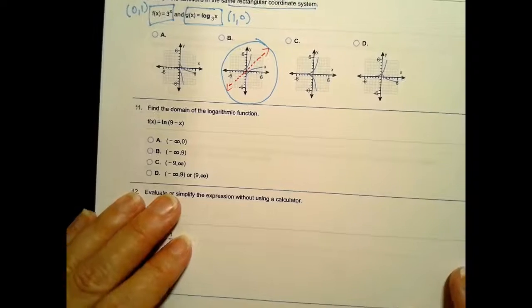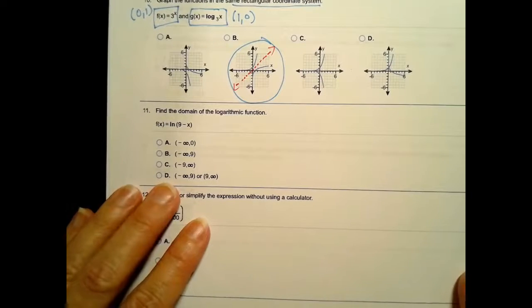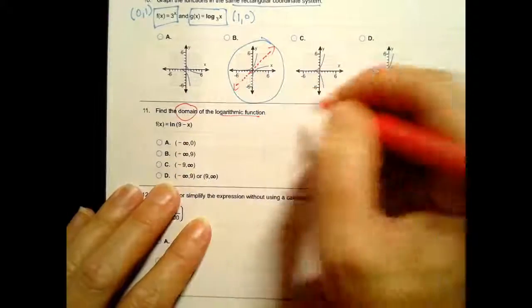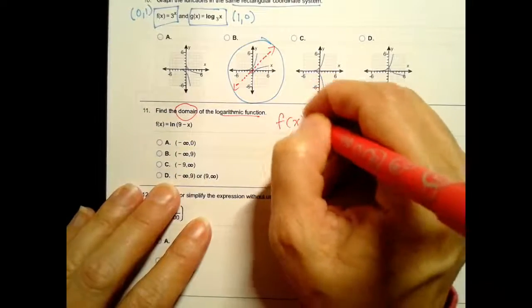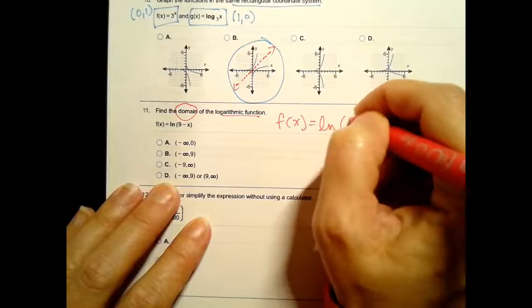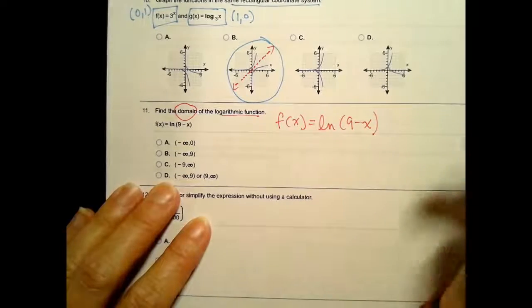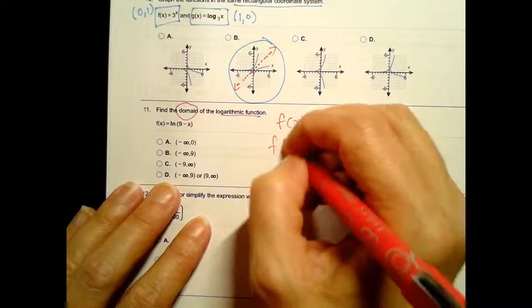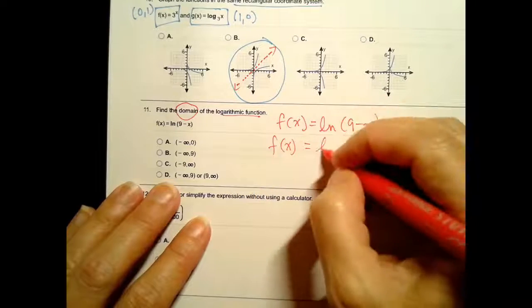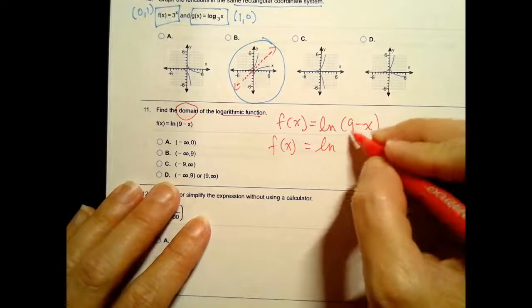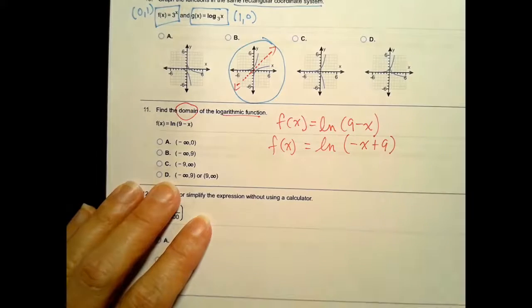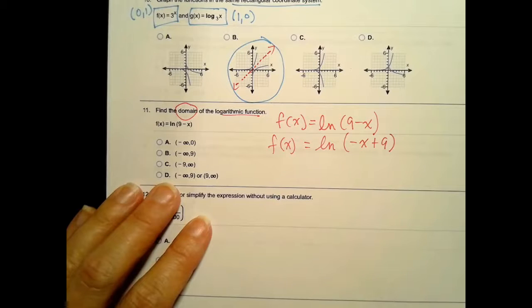Okay, so this next one is a little trickier. You got to use your brain a little bit more. It says find the domain of the logarithmic function, and so I have f at x is equal to natural log 9 minus x. So I'm going to work on this 9 minus x so you can see why the answer is what it is. I like the x to be in front, so I'm going to rewrite it as minus x plus 9.